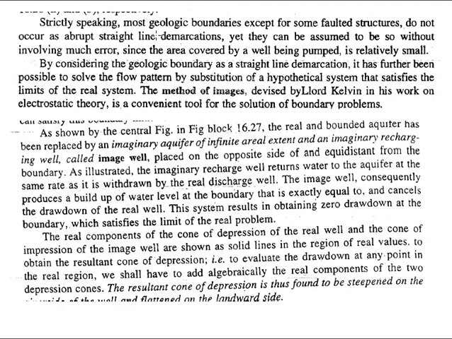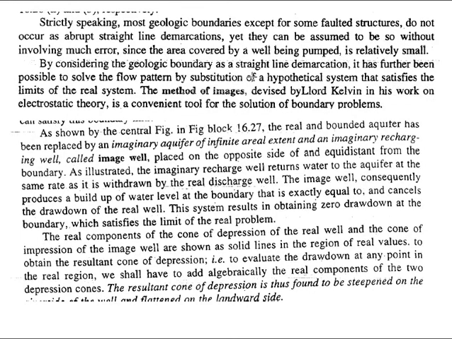Strictly speaking, most geological boundaries, except for some faulted structures, do not occur as an abrupt straight line demarcation, yet they can be assumed to be straight without involving much error, since the data collected from them are relatively small.